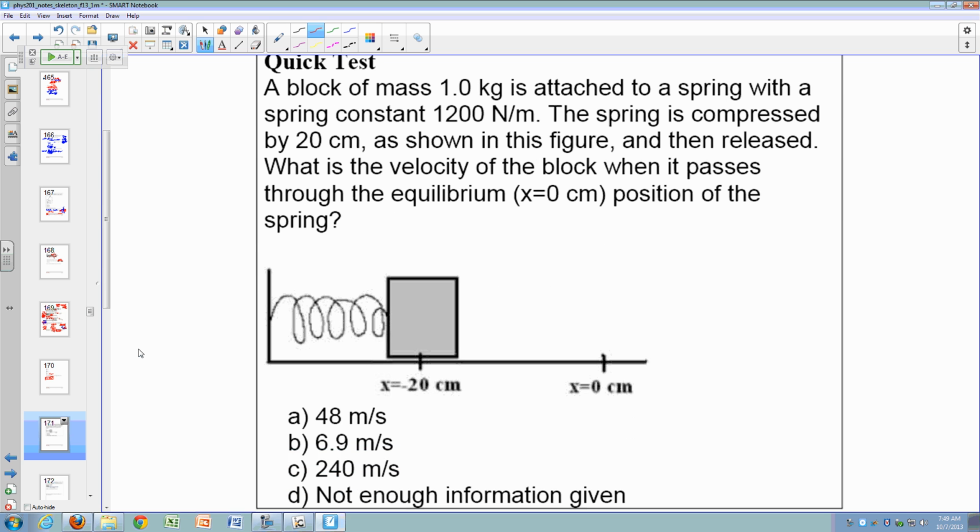Why don't y'all try this quick test, and then we'll try some more difficult problems. Let's go ahead and try this one. Remember, this works out exactly the same as gravitational potential energy, the conservation of energy problems, except now instead of doing mgh, we're doing 1/2 kx squared for our elastic potential energy.